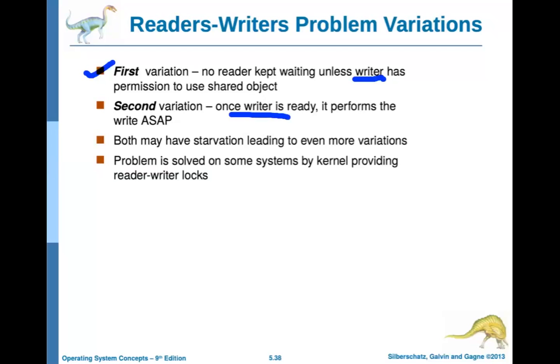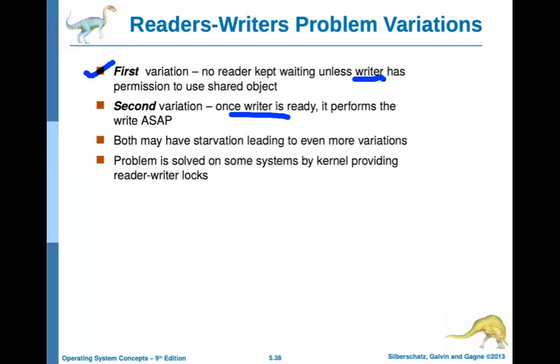See, a writer usually updates the variable. Imagine you are watching the score of, say, cricket, and the updation of that score is done by the writer, and others are just readers. We are always interested in the latest score. That is the reason we need to provide priority to the writer.